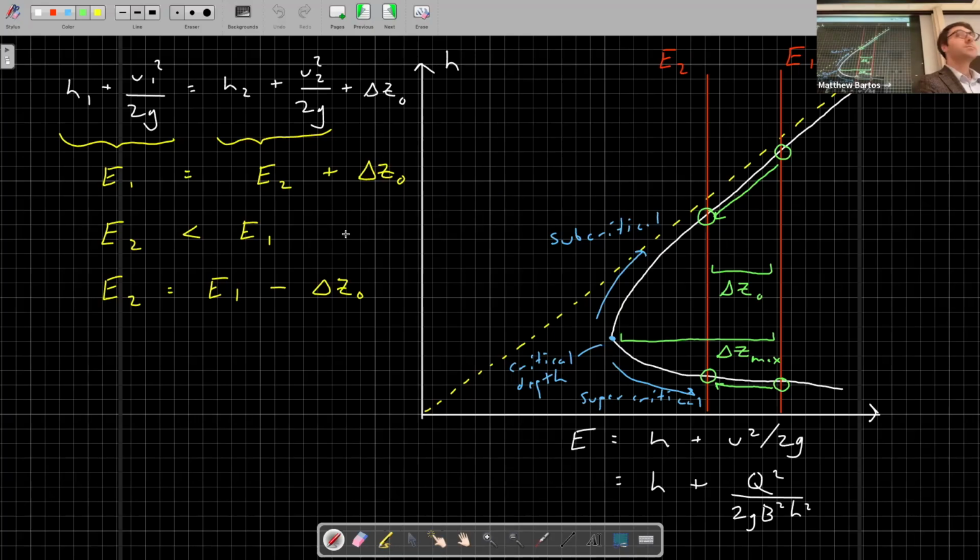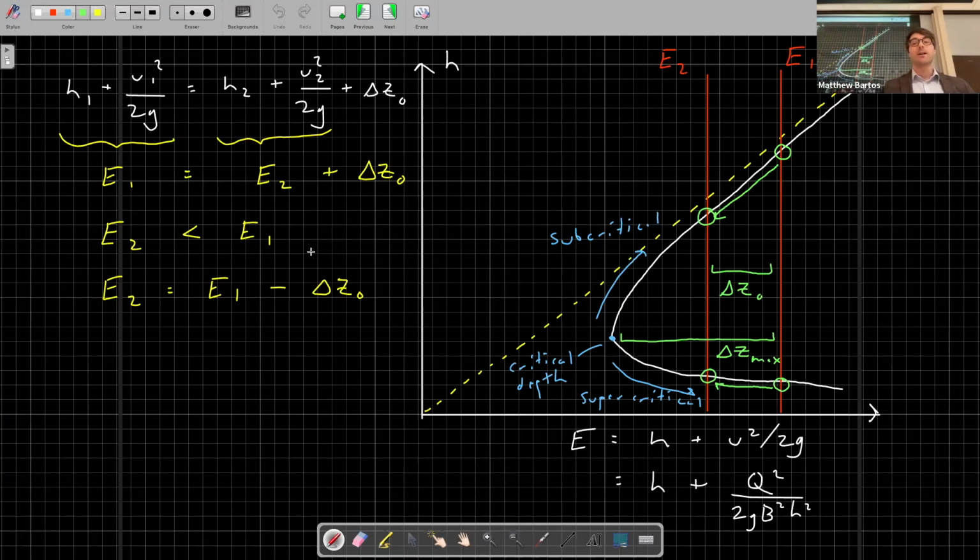So just to give you a hint for the third problem, basically what's happening is you're starting at some specific energy E1, you're transitioning through the critical depth, and then you're ending up somewhere here on the downstream end. So there are no energy losses through this transition. Where will you end up in terms of the specific energy diagram if you go through the critical depth and end up on the other side?